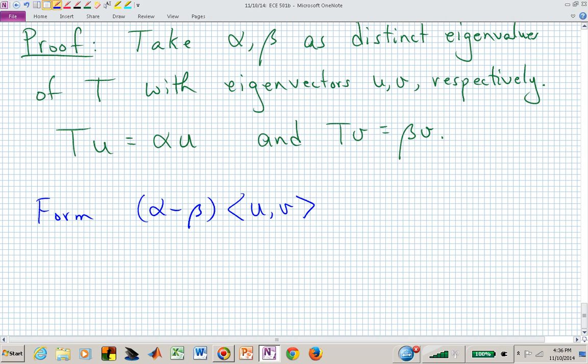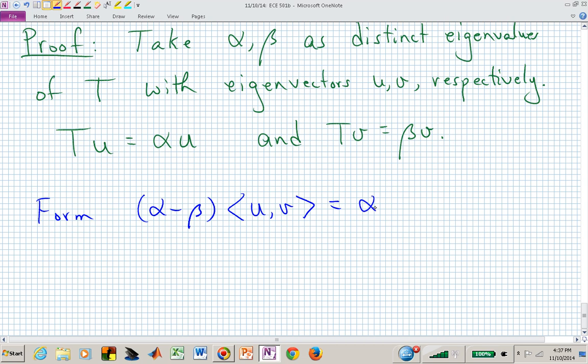Let's now just form this expression. Those scalars we can distribute across that inner product. The inner product of u with v is what? Yeah, we're going to show that that's 0. We better show that eventually, but now in general that's just a scalar, isn't it? So this expression is just a scalar. Alpha minus beta is a scalar times a scalar. This is just some scalar.